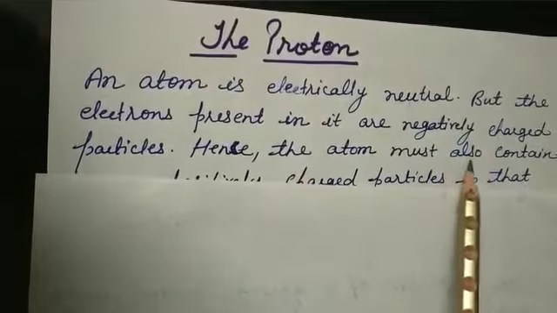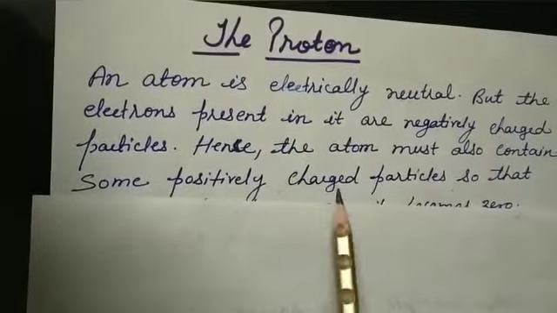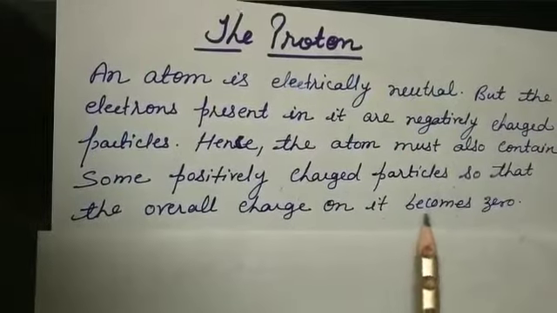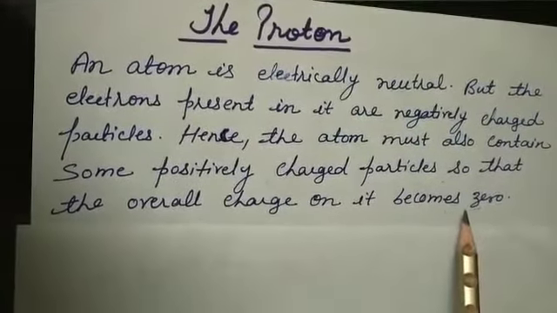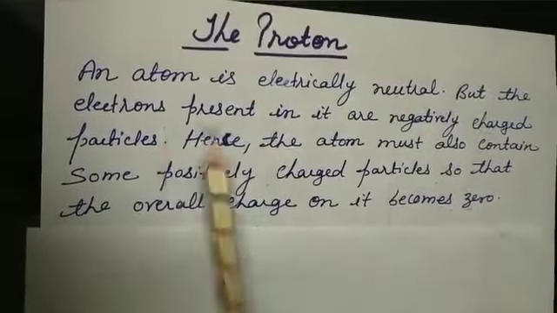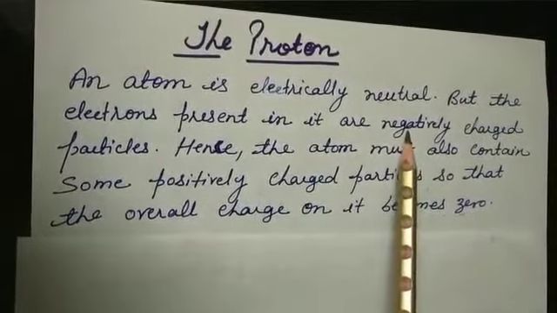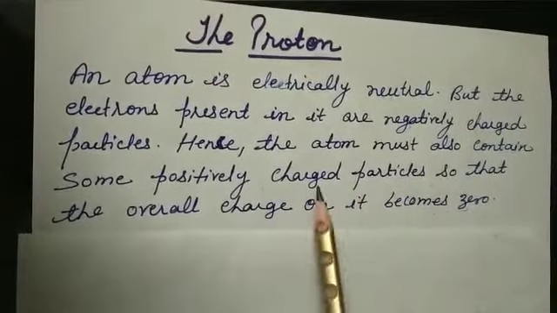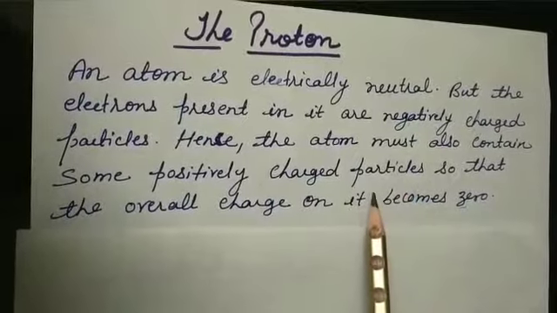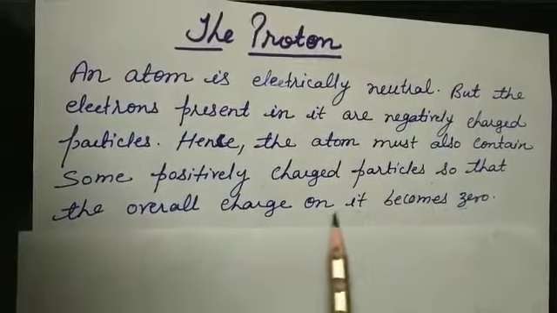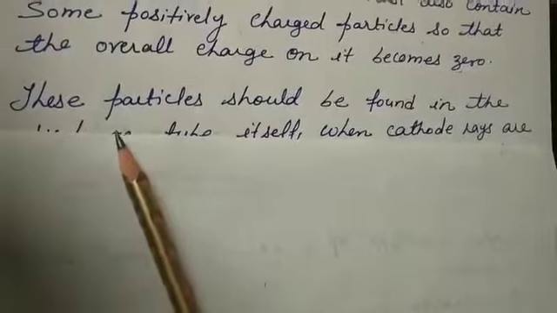Hence, the atom must also contain some positively charged particles so that the overall charge on it becomes zero. Scientists were thinking that if negatively charged electrons are present in an atom, there must also be some positively charged particles present in the atom. That's why the overall charge on the atom becomes zero.